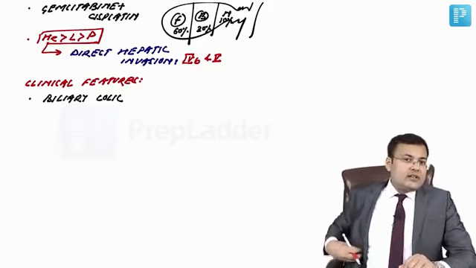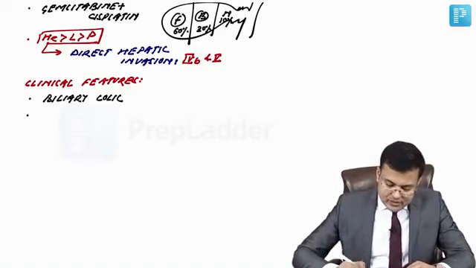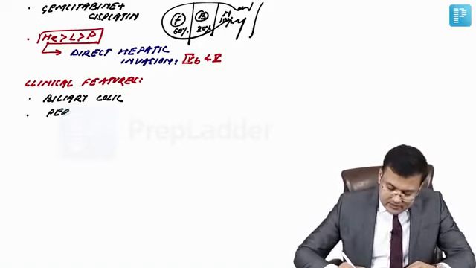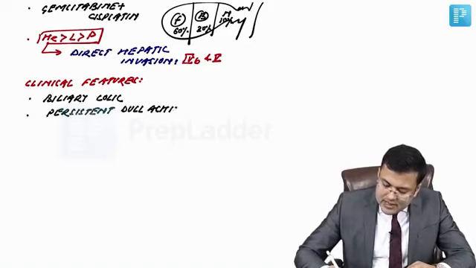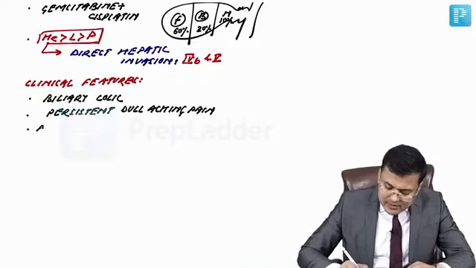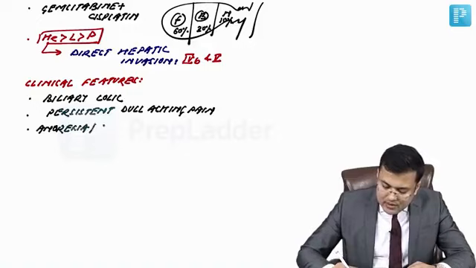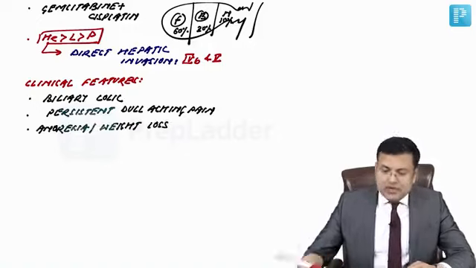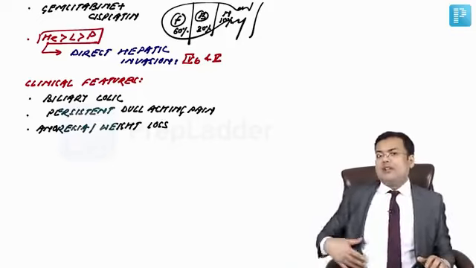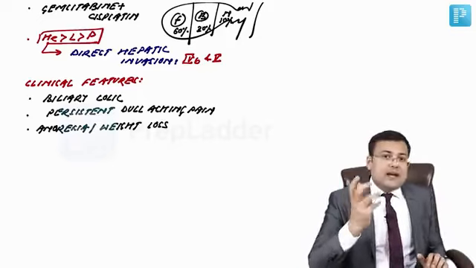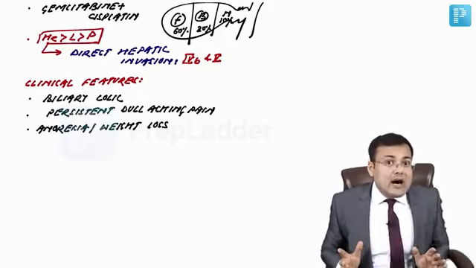There is persistent dull aching pain. Since malignancy is there, these patients are going to develop what? Anorexia and weight loss. Whenever we perform the palpation, the gallbladder is replaced by a mass, and the mass is hard.